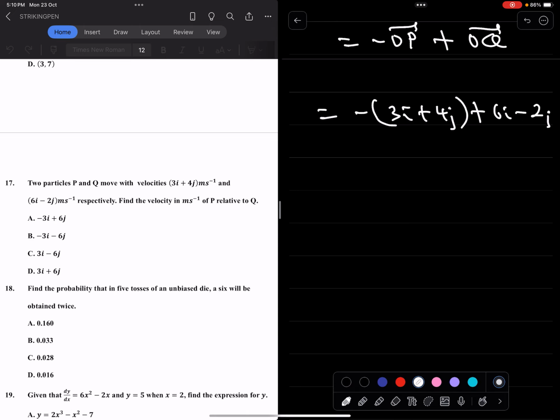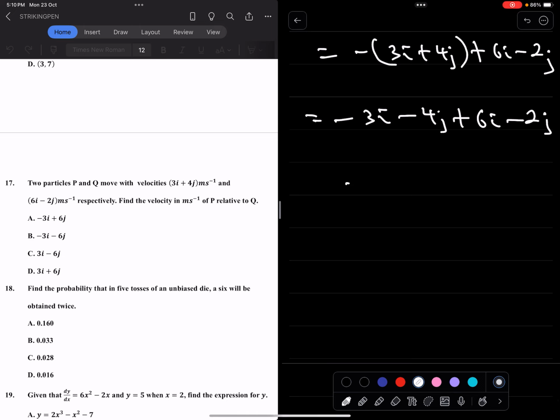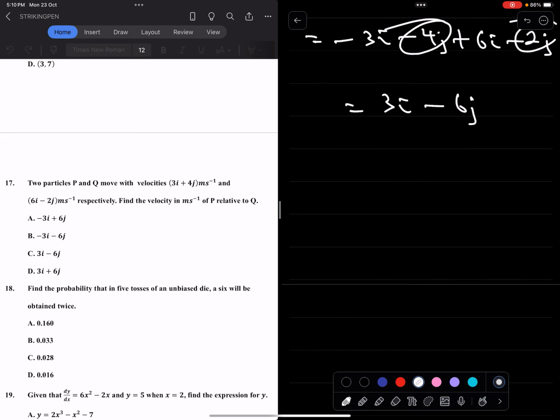And that's equal to minus 3i minus 4j plus 6i minus 2j. And that's equal to minus 3i plus 6i is 3i, and minus 4j minus 2j is minus 6j. So the velocity of P relative to Q is 3i minus 6j.